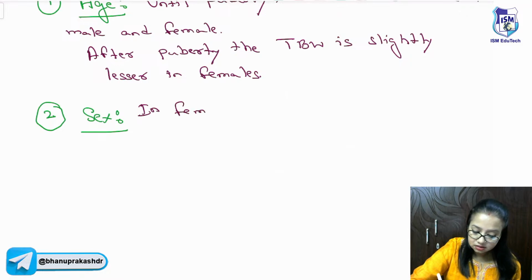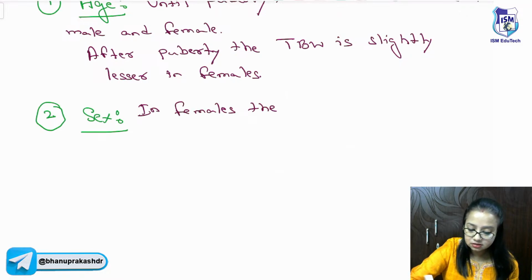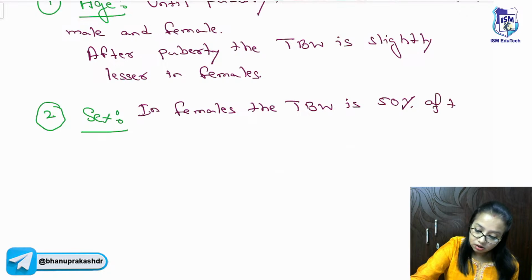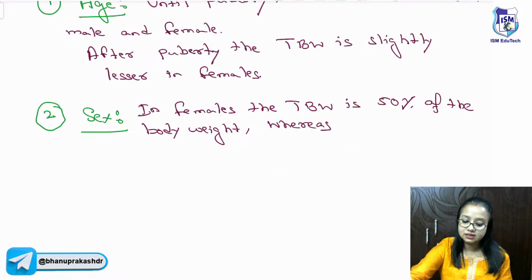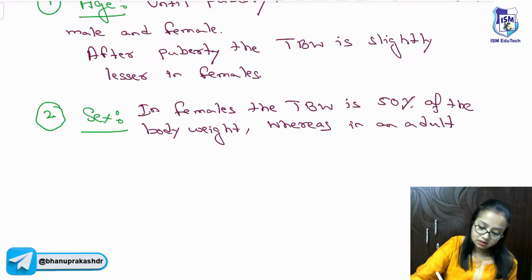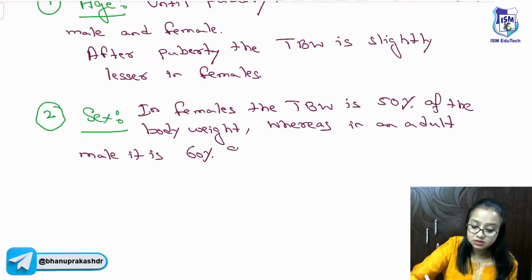In adult females, the total body water is 50% of the body weight, which is slightly lesser, whereas in an adult male, it is 60% of the body weight.